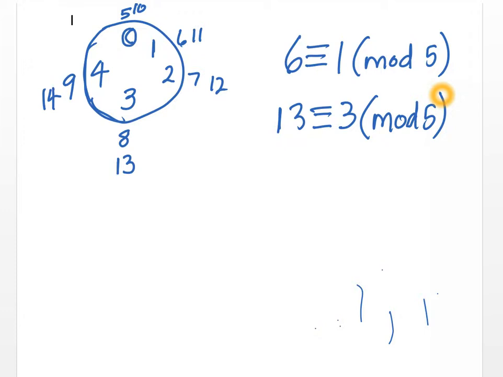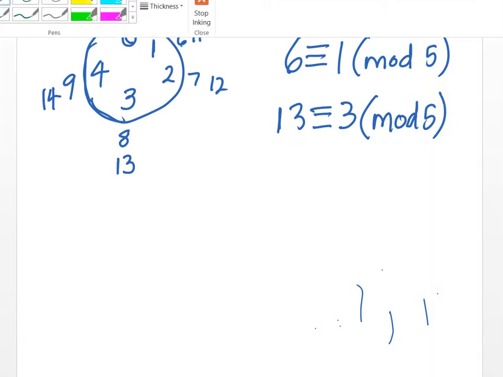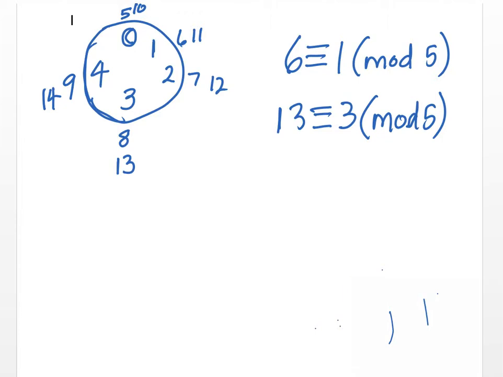If you divide 13 by 5, it'll go twice to equal 10, and there'll be 3 remaining. And it's that remainder that matters, which means I can give you some bigger numbers, and you can work out what they are modulo 5.